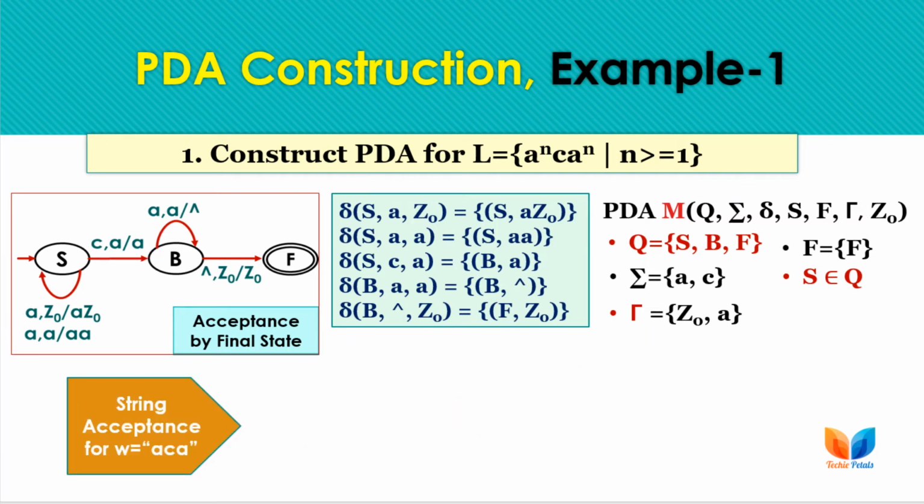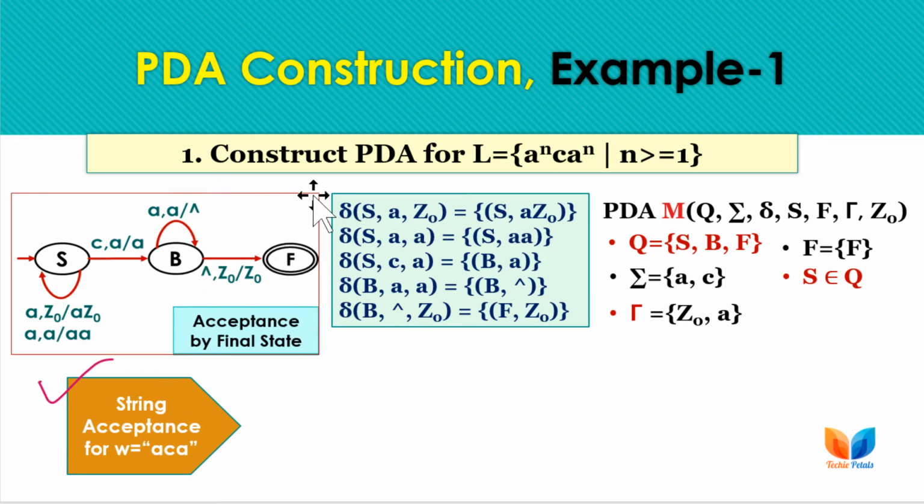Now next we have to show string acceptance, or write the instantaneous descriptions, or IDs, for a string. For a particular string we have to show acceptance or rejection: if we end in a final state the string is accepted, otherwise it is rejected, as PDAs also show only acceptance and rejection like NFAs and DFAs. But here we have another option of emptying the stack.